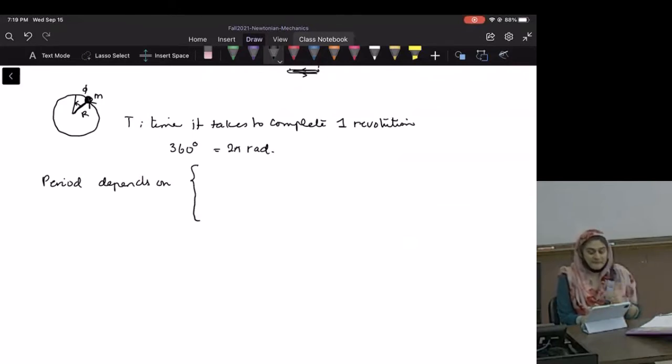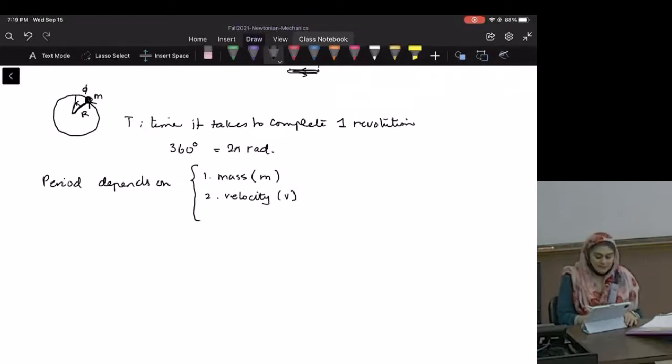The first thing that should come to mind is how heavy the mass is. Two, how fast it's going, so its velocity or speed. Number three, it could depend on the radius, r. And number four, I'm going to put a sweep angle.